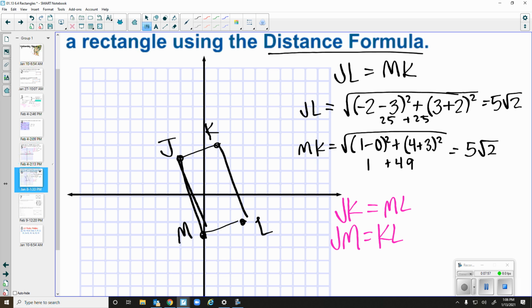Yes, you could, the slope formula one. If the rectangle was made of just horizontal and vertical lines, that's not that big of a deal, you're just counting. But if you have to use a distance formula, it just makes it a lot longer.